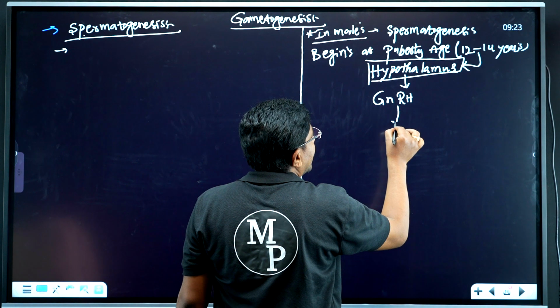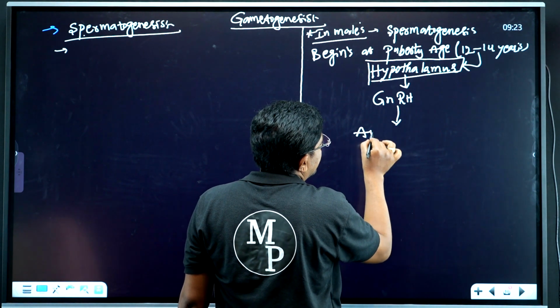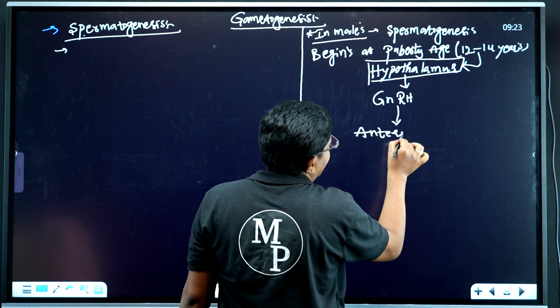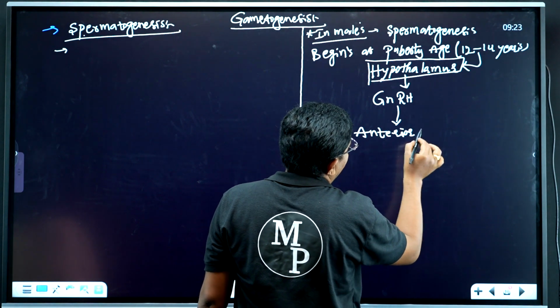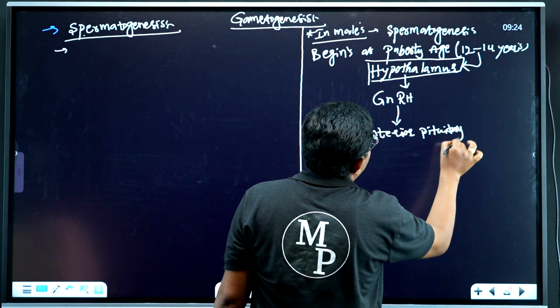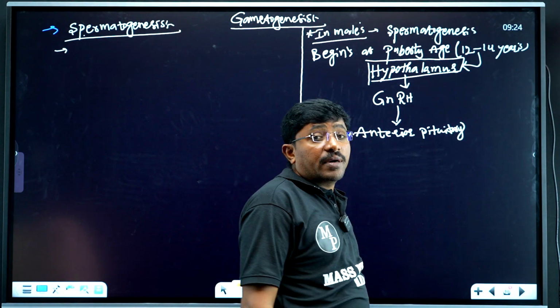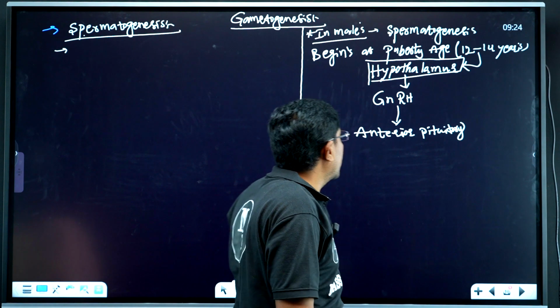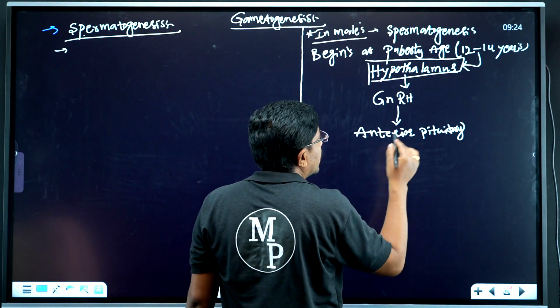This gonadotropin releasing hormone reaches the anterior pituitary. Through which structure? Through the hypophyseal portal circulation.